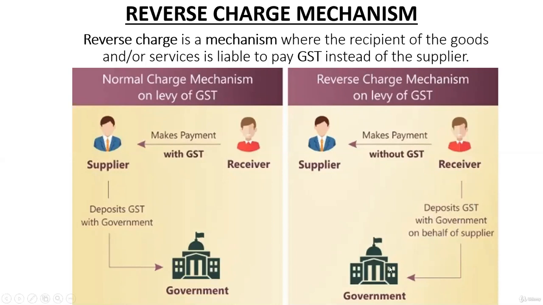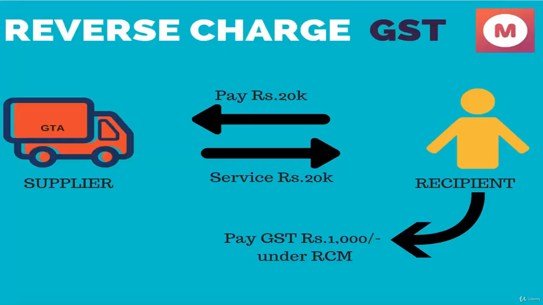This is the simple concept, and I hope you are able to distinguish between the normal charge mechanism on levy of GST and the reverse charge mechanism on levy of GST. Let's take an example once more. Under reverse charge, if a supplier of GTA, Goods Transport Agency, gives the service to recipient A for rupees 20,000, then 20,000 is the base amount.